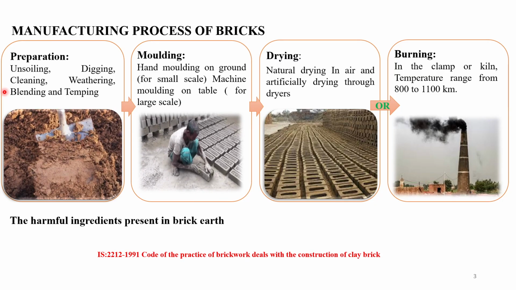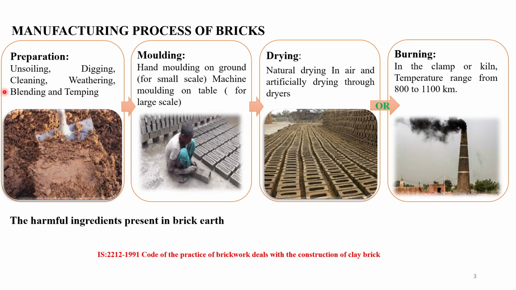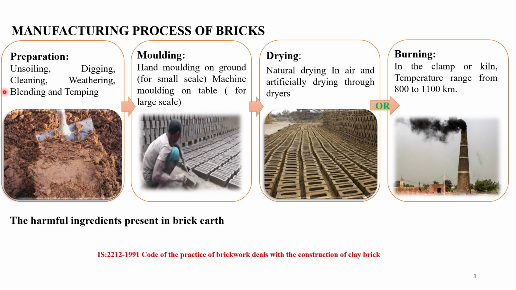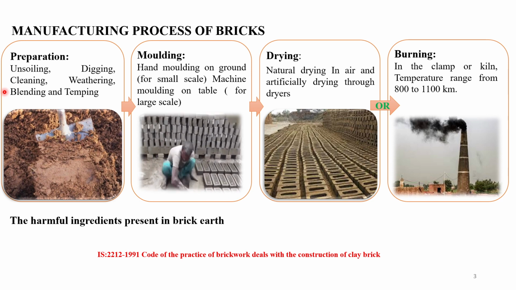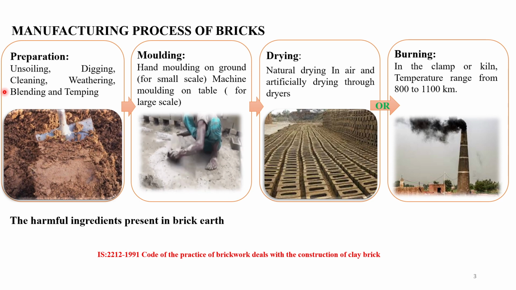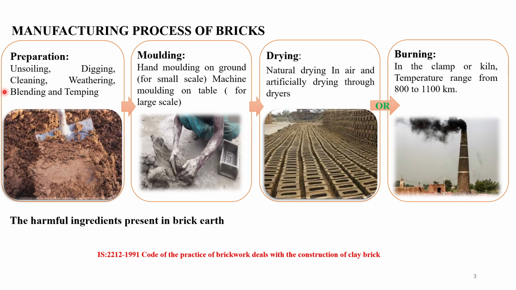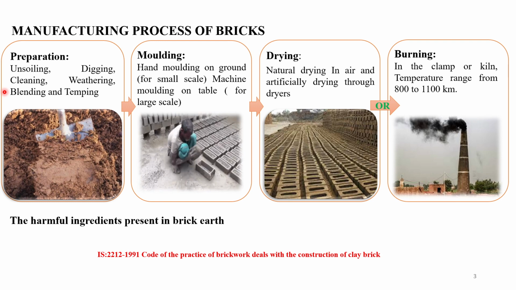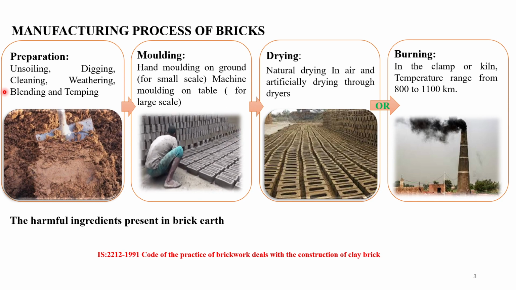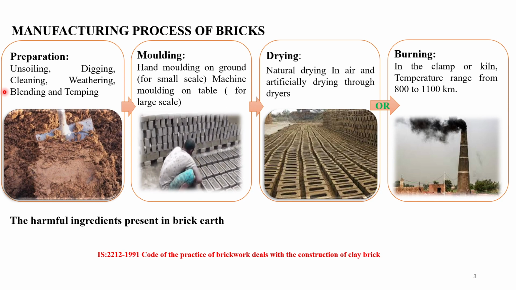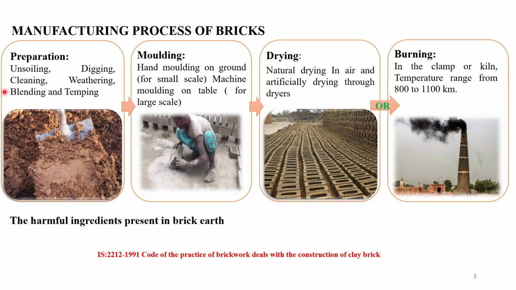Now, manufacturing process of brick. As we know, bricks are generally prepared from soil. The soil is molded in the desired shape, and the molded soil is dried in sun rays, and after that it is burned in kilns.